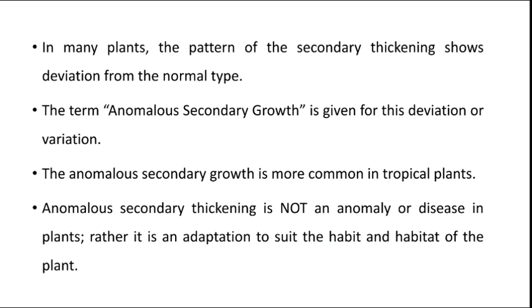Anomalous secondary growth is more common in tropical plants, and it is not an anomaly or any disease in plants, rather it is an adaptation to suit the habit and habitat of the plant.